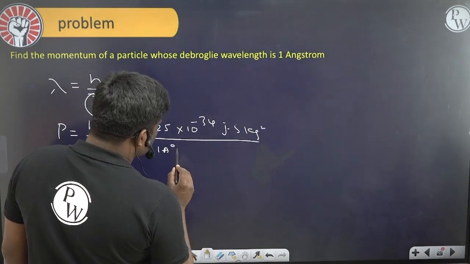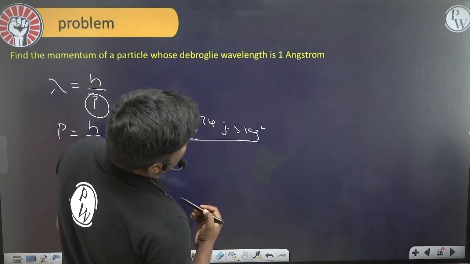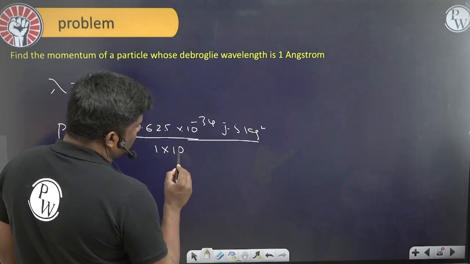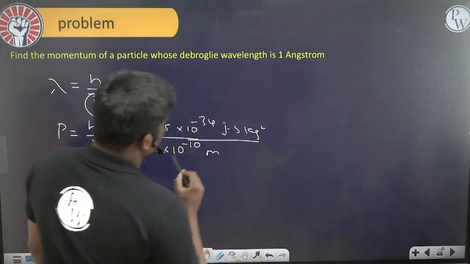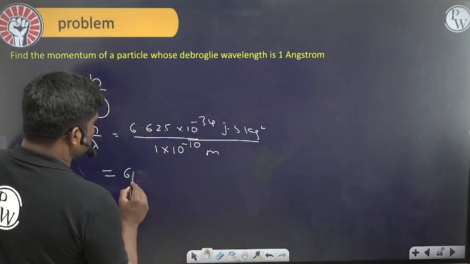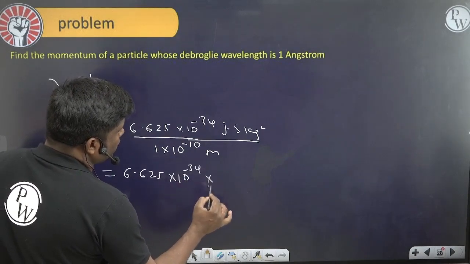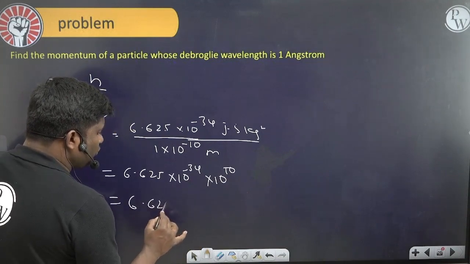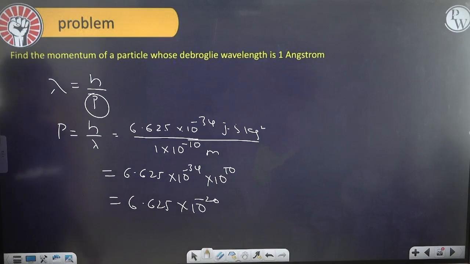Changing this to meters, 1 angstrom is 1 into 10 to the power minus 10 meters, right? So this is 6.625 into 10 to the power minus 34 into 10 to the power 10, which equals 6.625 into 10 to the power minus 24. This is the momentum.